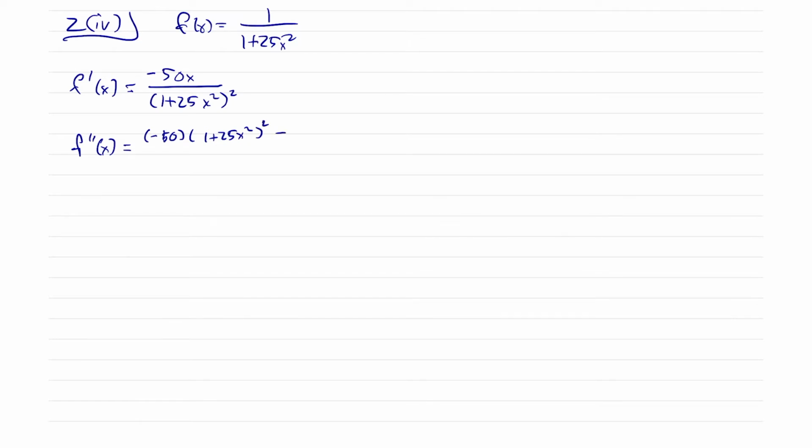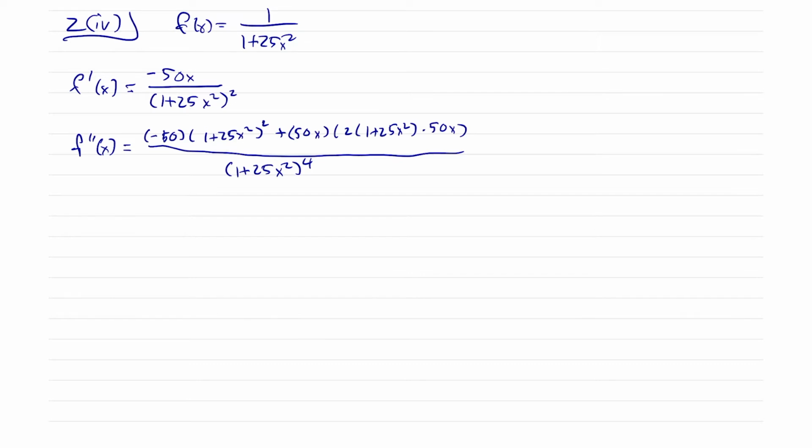minus the derivative of the bottom times the top, so plus 50x times the derivative of the bottom, which is going to be 2 times 1 plus 25x squared times 50x. And all divided by 1 plus 25x squared to the fourth.